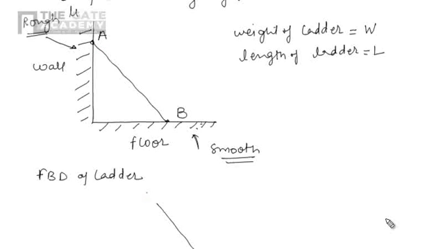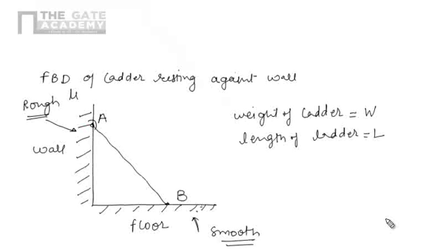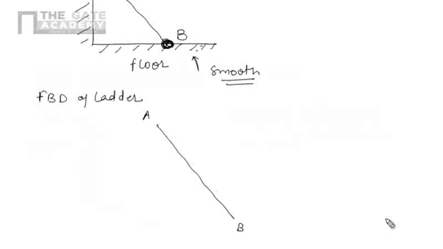We have isolated it. Now we have points A and B. Point A is in contact with the wall, so there will be a reaction. Point B is in contact with the floor, so there will be a reaction. The reaction will always be normal to the surface. So normal to the wall, it will come like that, RA, and normal to the floor, it will come like that.